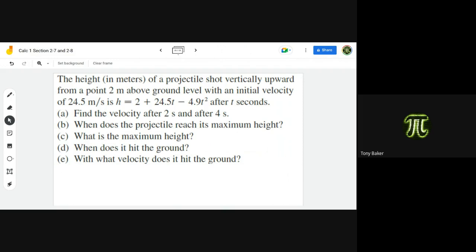All right. So it's giving me the equation for the path of the projectile.